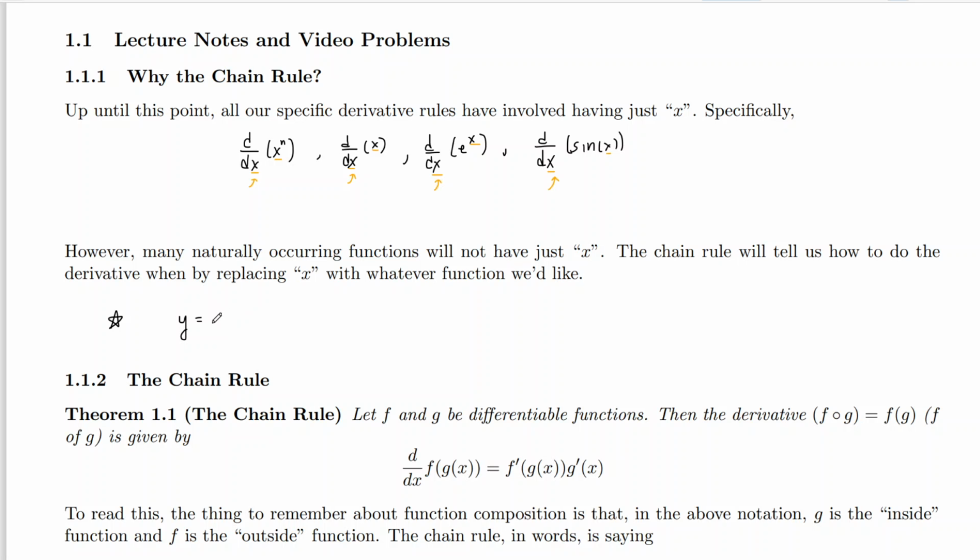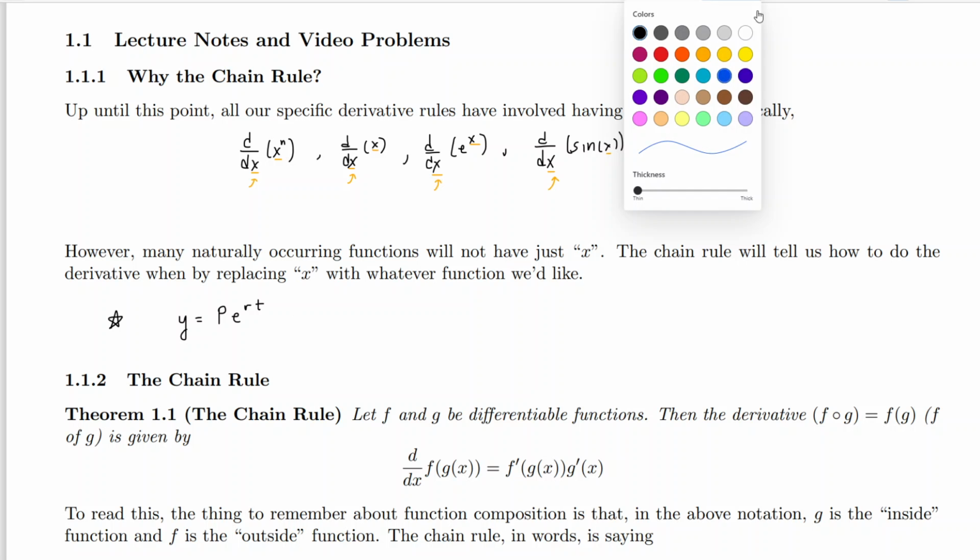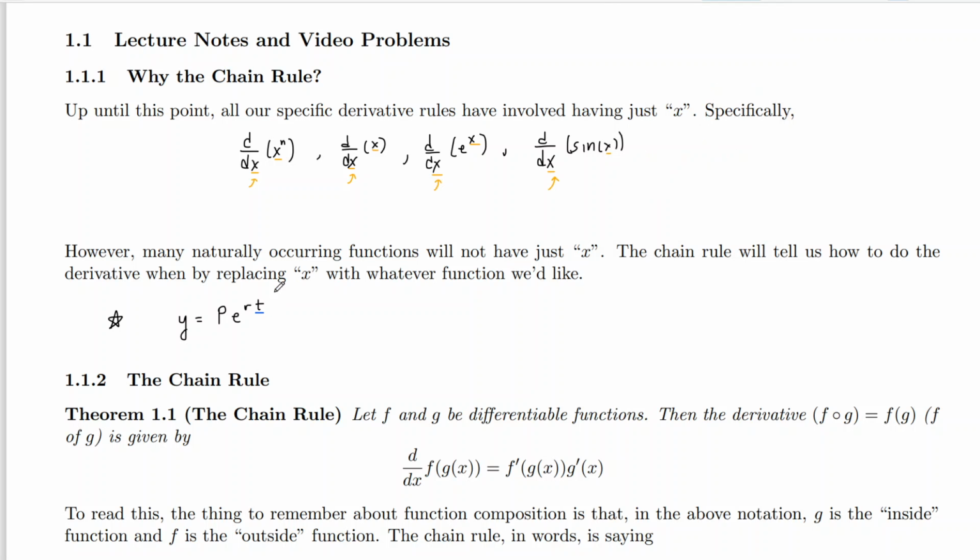You have y equals a number, we'll say P, times e to the rt power. You may be familiar with the PERT formula, where in this example t would be our variable. We couldn't use our derivative rule for e to the x, or e to the t, because of the r there. We need the chain rule to be able to do the derivative of this.